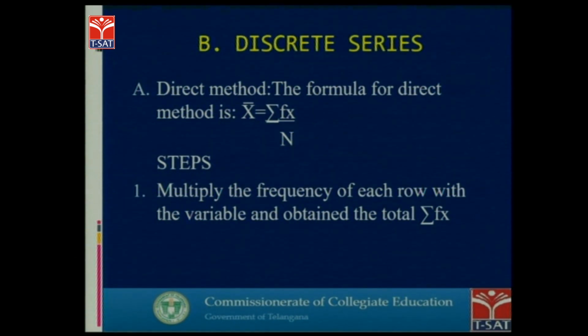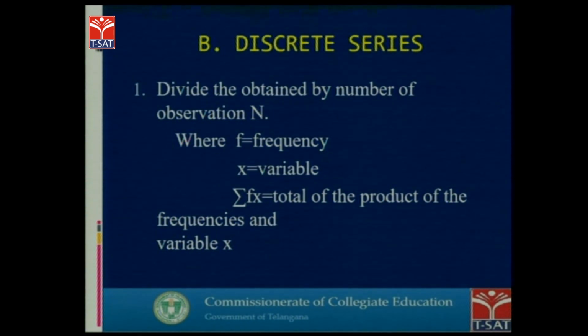The formula for calculating mean in discrete series is x bar is equal to sigma fx divided by n, where f represents frequency, sigma fx represents the total value obtained, and n represents the number of observations.